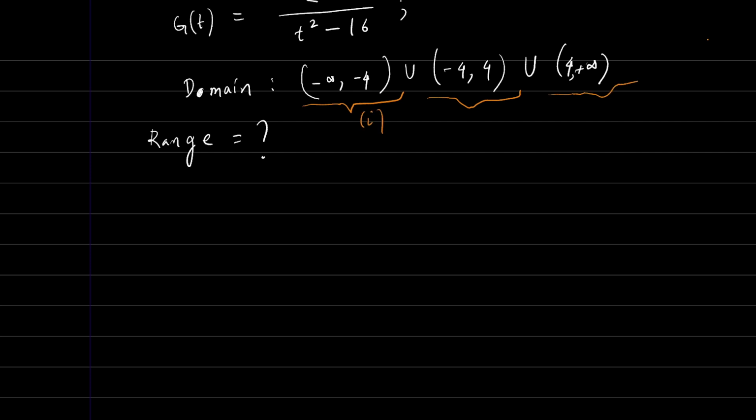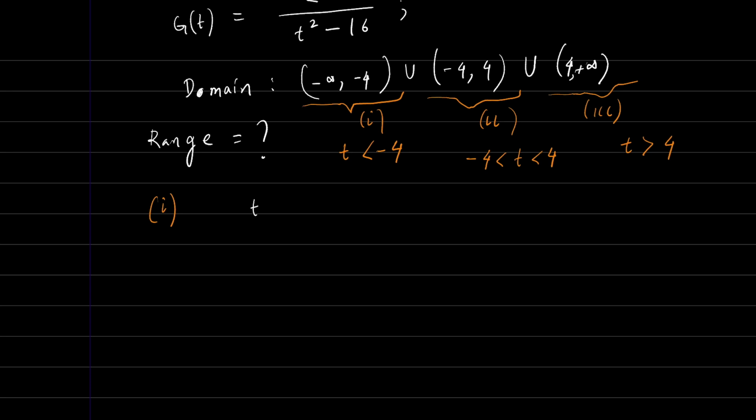So interval 1, 2, and 3. For interval 1, t is less than -4. Interval 2, t is in between -4 and +4. And interval 3, t is greater than 4.